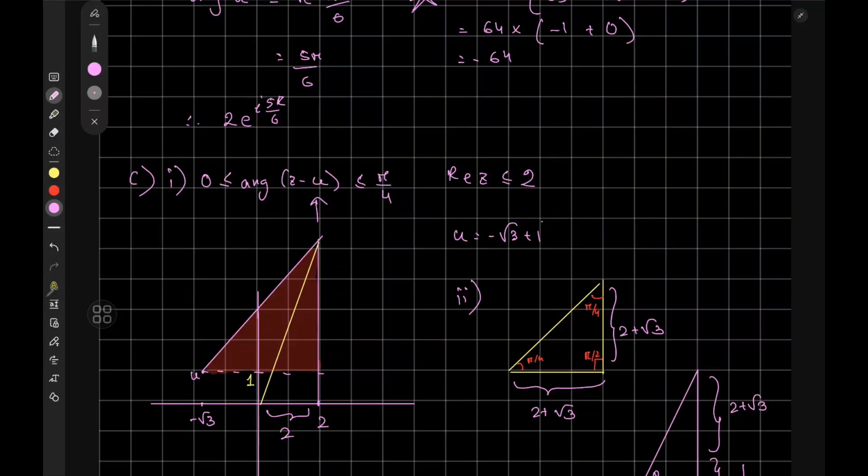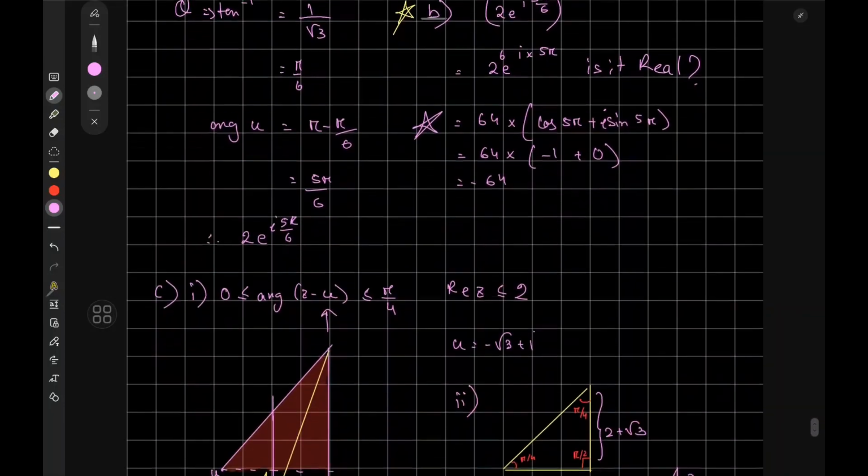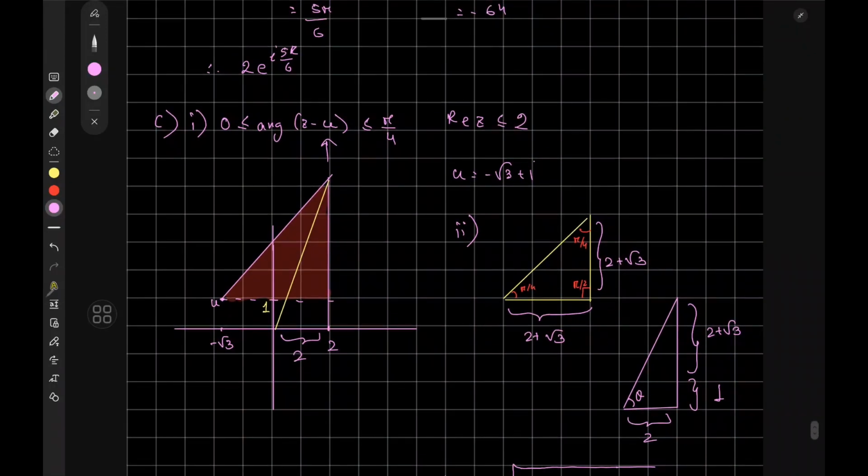You do know the coordinates of u. What is the coordinate of u? Minus root 3 plus i. So let's plot minus root 3 plus i. This is u, what is known to you. Now they're telling you that the argument of z minus u means z can be anywhere on this Argand diagram, granted that it makes a theta between 0 to pi by 4 with u.